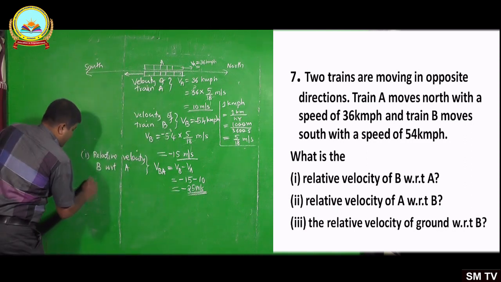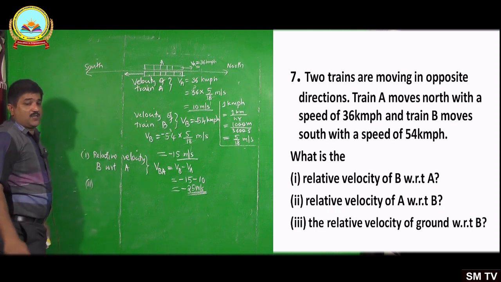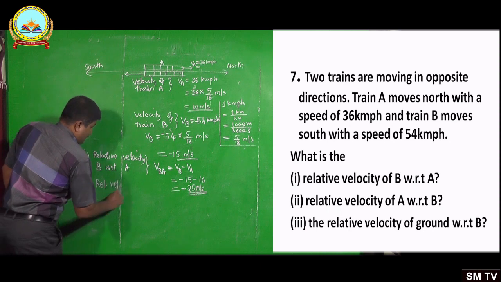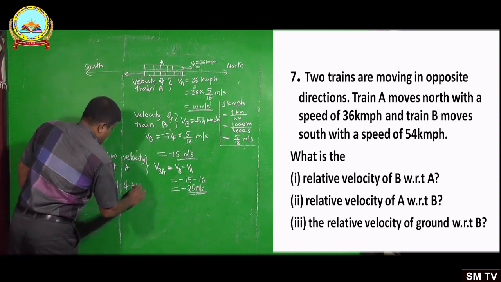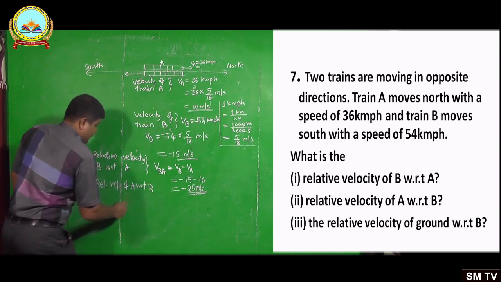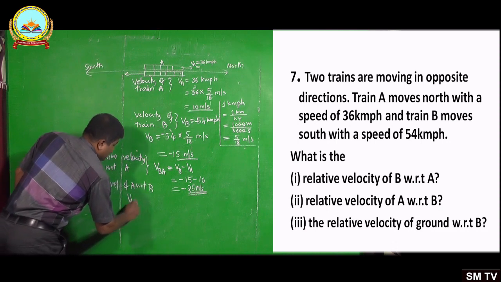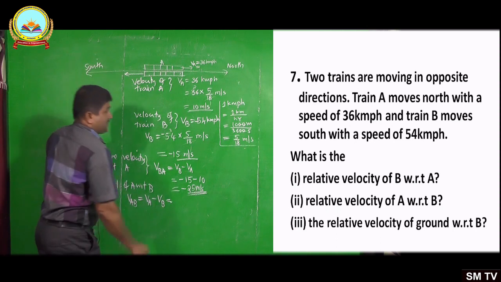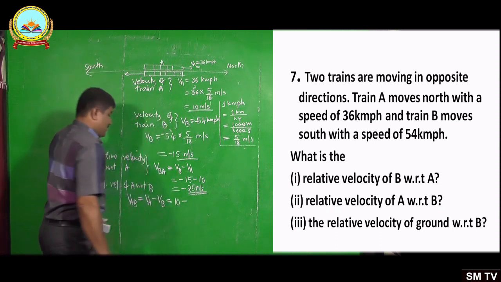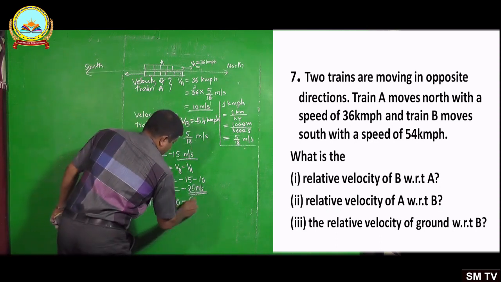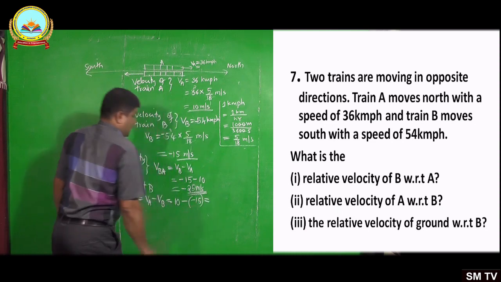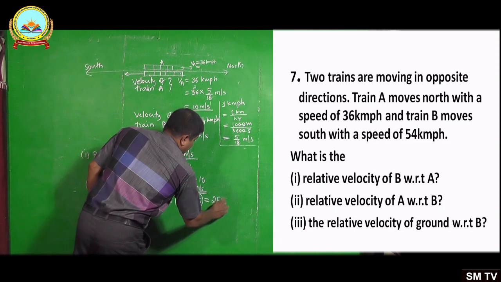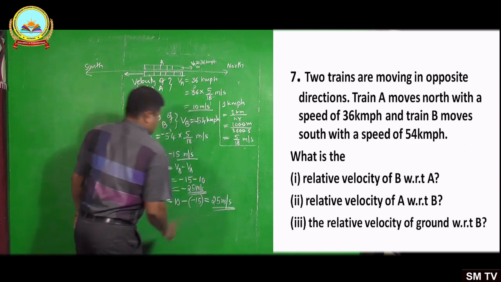Next, the second part: relative velocity of A with respect to B is VAB, VA minus VB. VA is 10 minus VB, which is minus 15. So 10 plus 15, it is 25 meter per second.